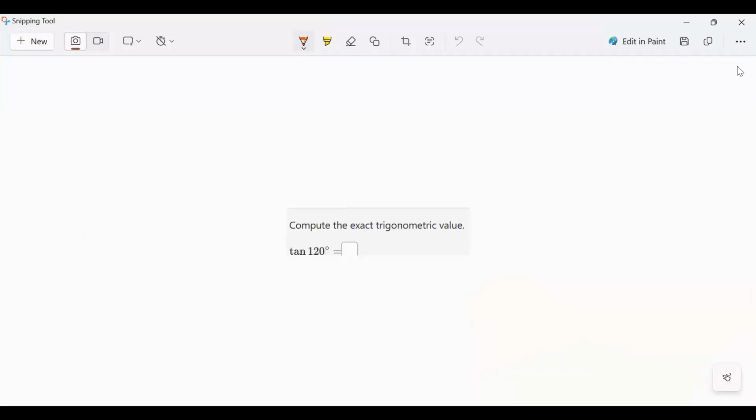Again, find the reference angle. Determine the sign. And then look and figure out the value.